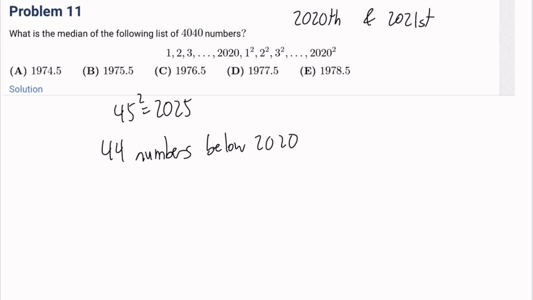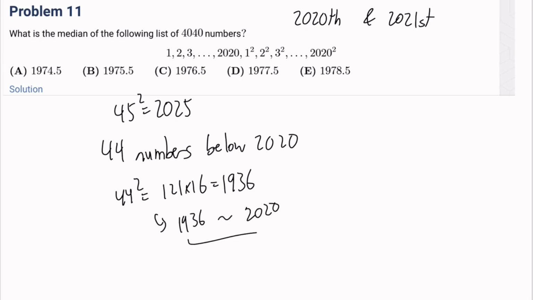And so that means that since 44 squared equals 121 times 16, which is 1936, the numbers from 1936 all the way up to 2020 will just be 1936, 1937, 38, 39, all the way to 2020. Like, there is no interruption of a square between them, right?